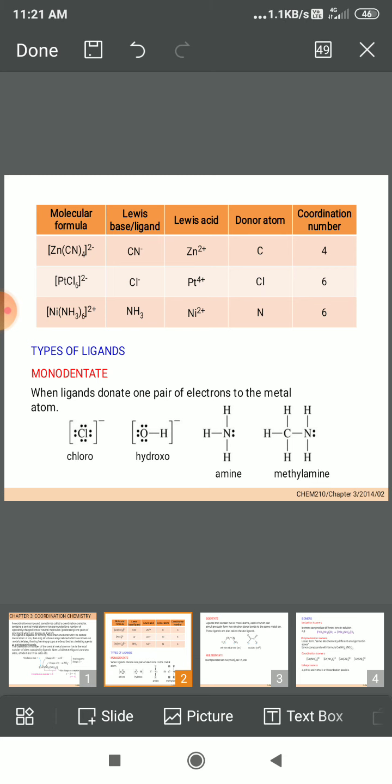For example, chlorine contains a lone pair, then hydroxy OH, oxygen contains a lone pair, then ammonia, nitrogen contains a lone pair, then methylamine, in which one carbon atom contains 3 hydrogens and the nitrogen atom contains 2 hydrogens and a lone pair. This is an example of a monodentate ligand.